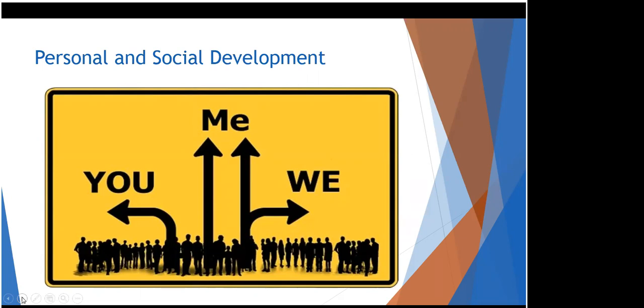There are words written there: we have the words you, me, and we. I brought this picture in this session just to make you understand that personal and social development is all about me, it's all about you, it's all about we.